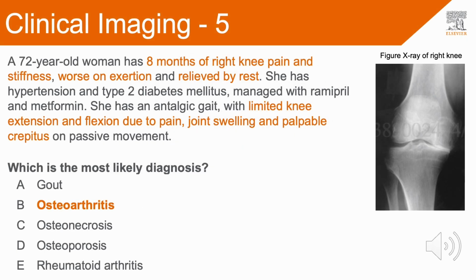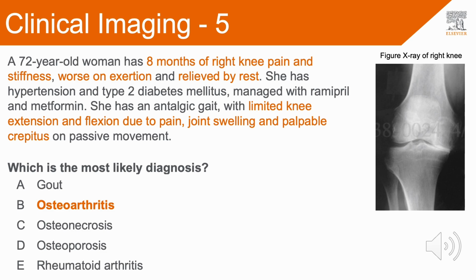Going back to our question stem, we can see that the features in keeping with the diagnosis of osteoarthritis include a long history of knee pain and stiffness, which is worse on exertion and relieved by rest. There are features in the question stem such as type 2 diabetes, which hint at an overweight or obese patient.